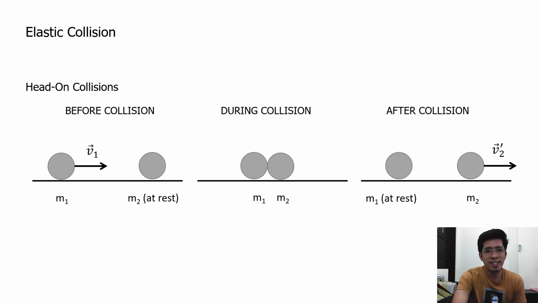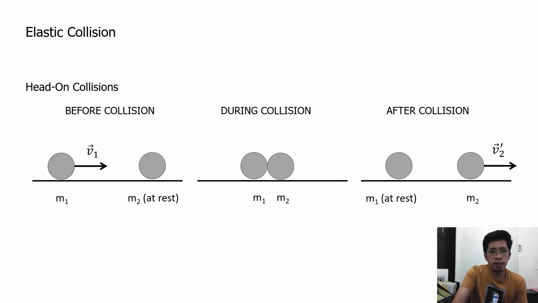Let's discuss collisions in more detail. Let's discuss first the elastic collision. We have collisions which we call head-on collisions. Head-on collisions happen when the centers of mass of your bodies align.